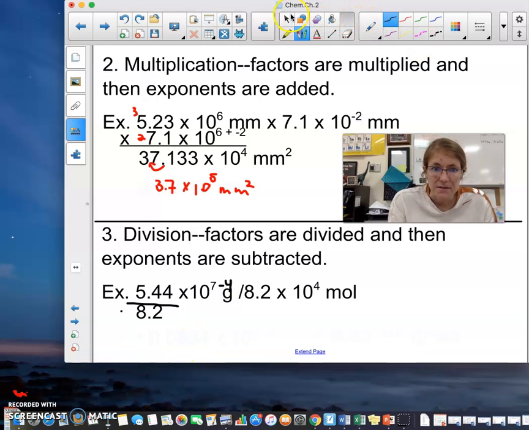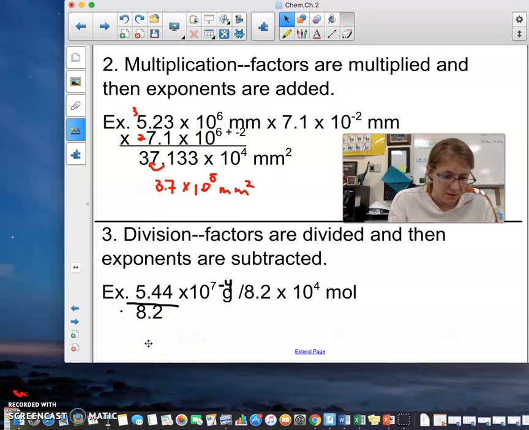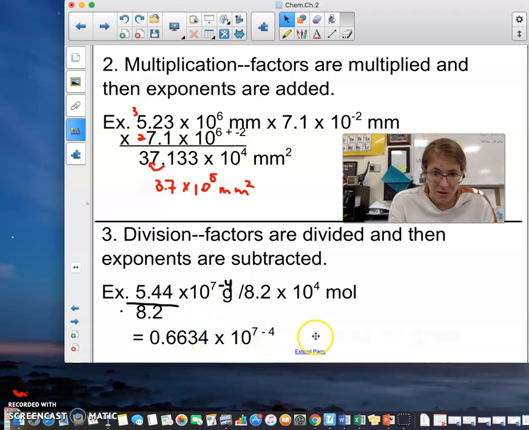I get 0.6634 times 10, and then there's my 7 minus 4, so when it's all said and done, 6.6 times 10 to the 2.